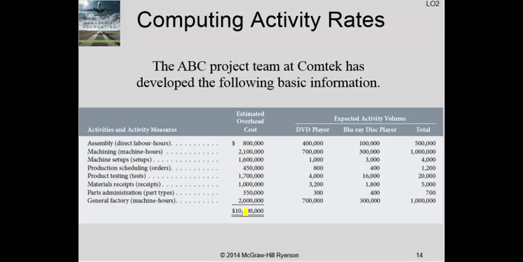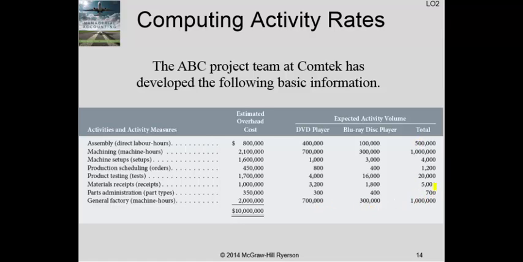So we've got the total dollars there, and now based on what our planned production is going to be, how many direct labor hours are we going to have for the DVD player, and how many for the Blu-ray, and so on. So for each of these different products, we come up with some different amounts.